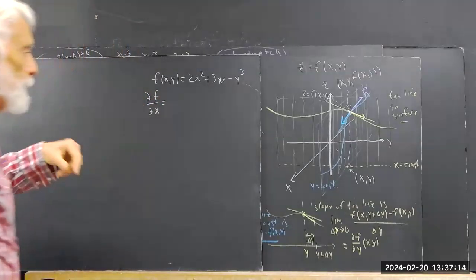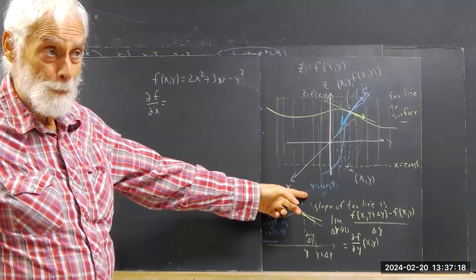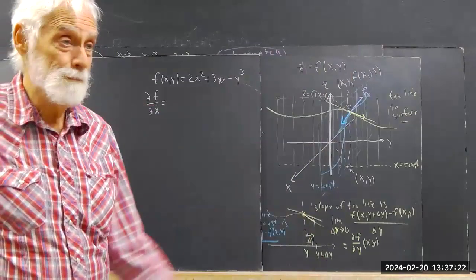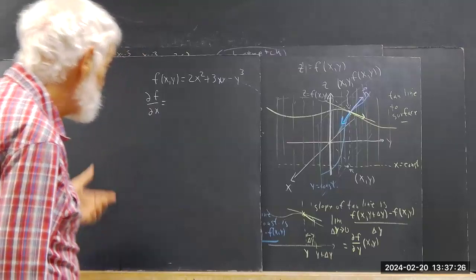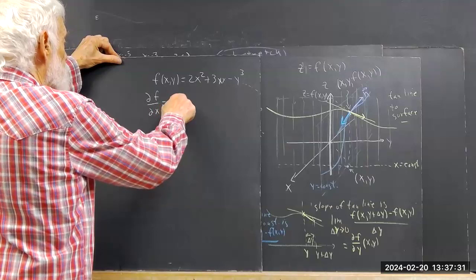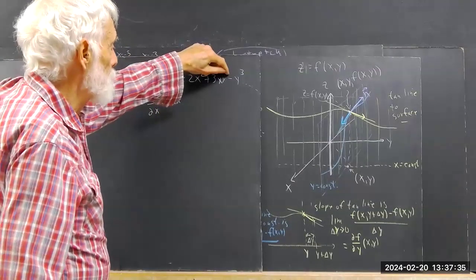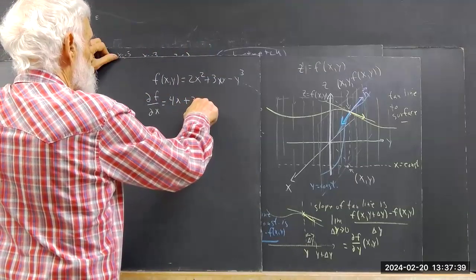Well, when you do the partial derivative with respect to x, you're holding y constant, right? So you just use your rules for derivative, but treat y as just a constant. If you treat y as a constant, then the derivative of 2x squared, well, that's 4x no matter what. The derivative of 3xy, well, y is constant, that's just 3y.